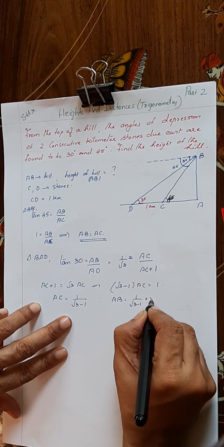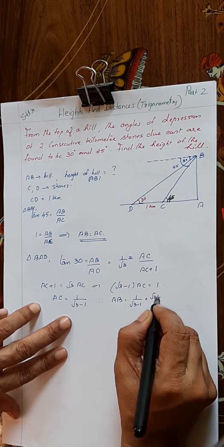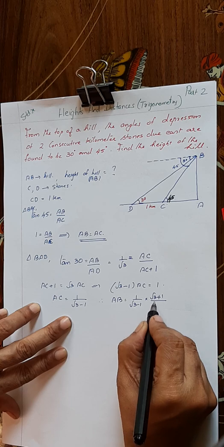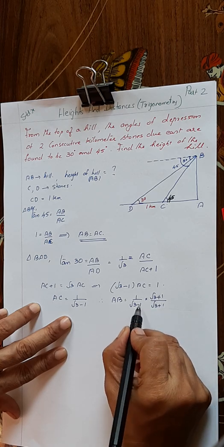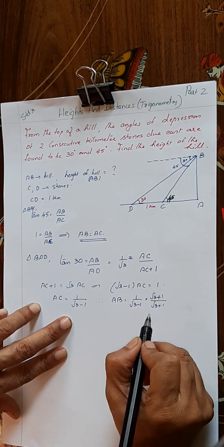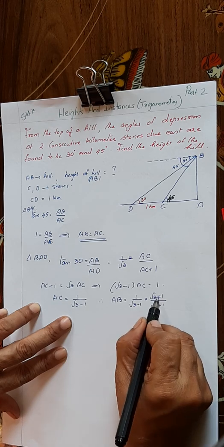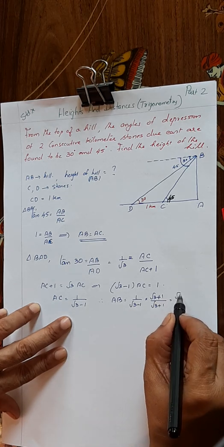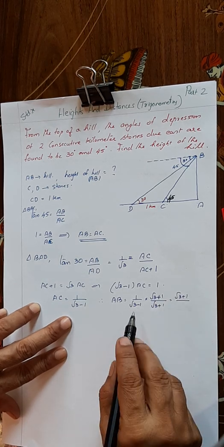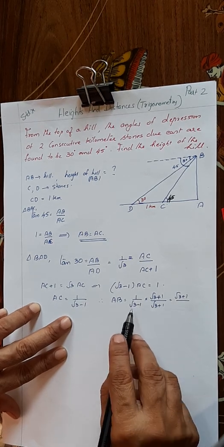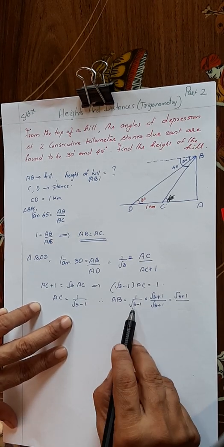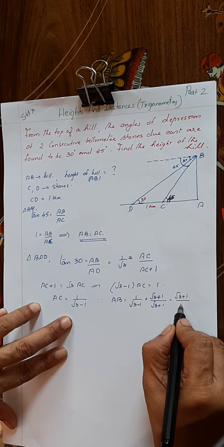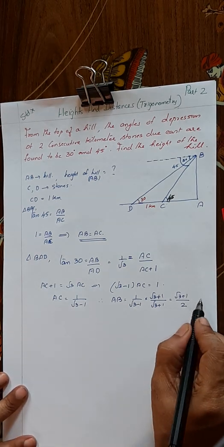So that we will again rationalize. For rationalizing, we have to write the conjugate. That is, if this is minus, we will write this as plus. So this will become root 3 plus 1 by 3 minus 1, a plus b into a minus b is a squared minus b squared. So 3 minus 1, 2. So root 3 plus 1 by 2.